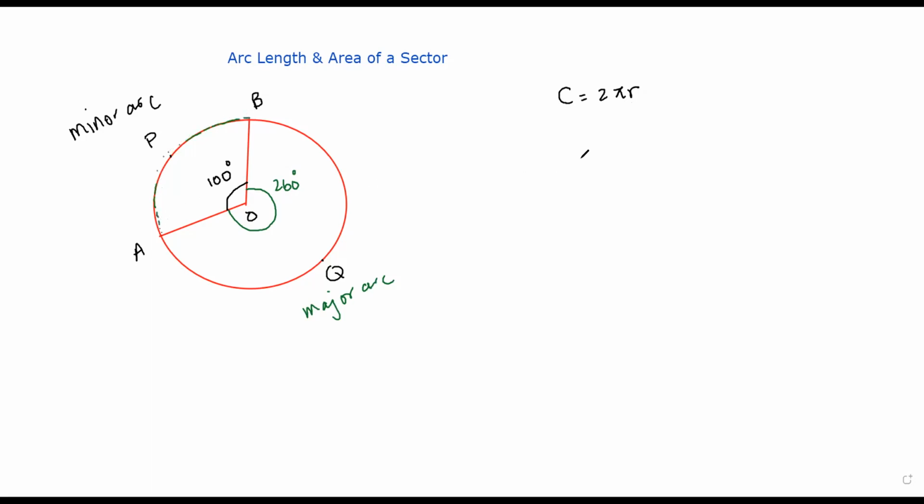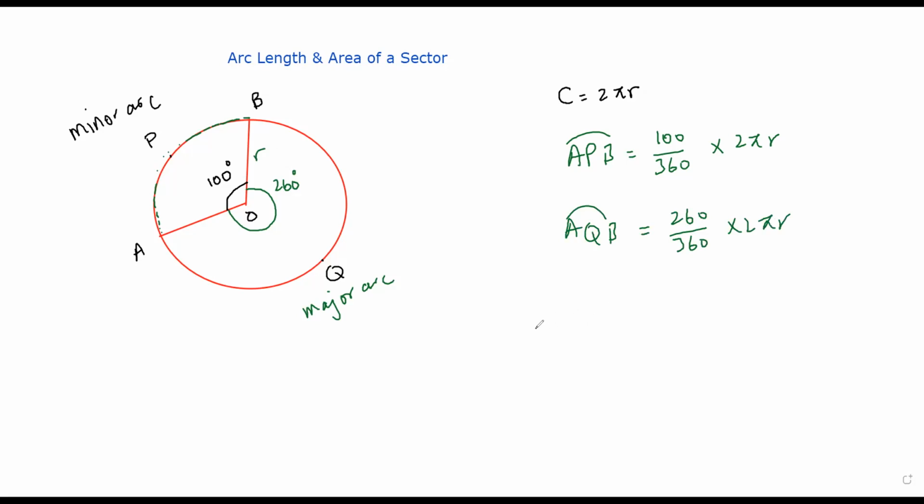Okay, so if you want to find the arc length APB, this APB arc is going to be 100 over 360 times 2 pi r. Okay, and the arc AQB, this is the radius here, would be 260 over 360 times 2 pi r.